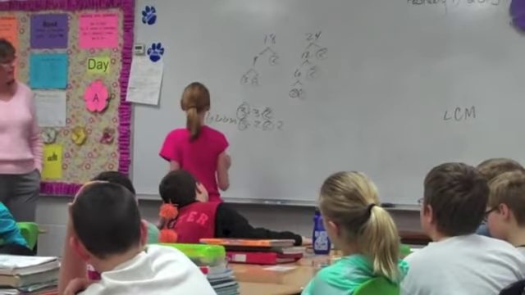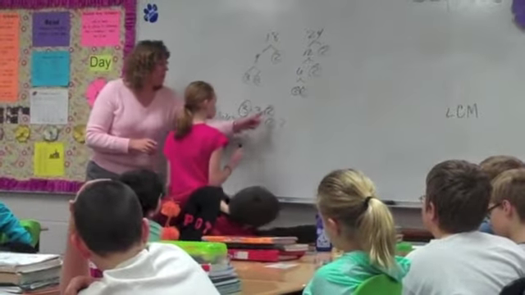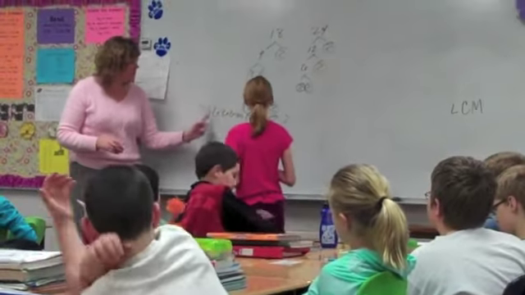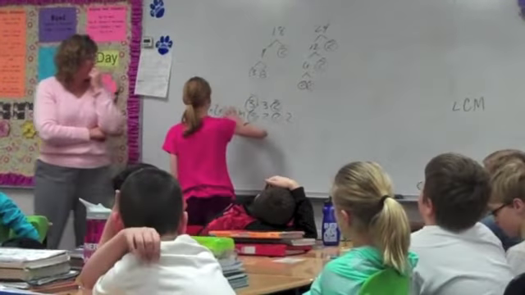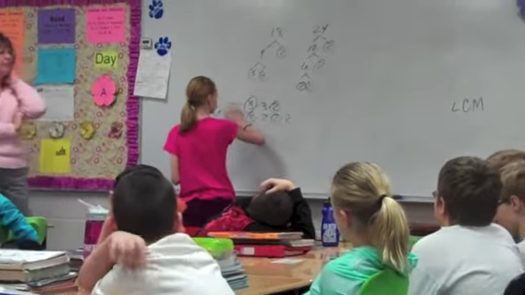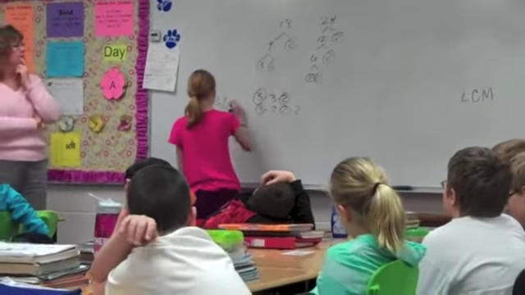And then I multiply all those. Okay, so you used 1, 2, 3, 4 twos. 1, 2, 3, 4. But you only used 1, 2, 3s. How come? Did you have an extra 2? Yeah.